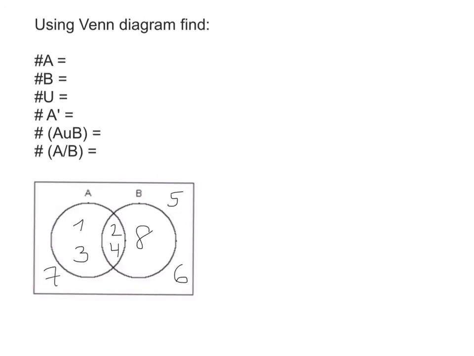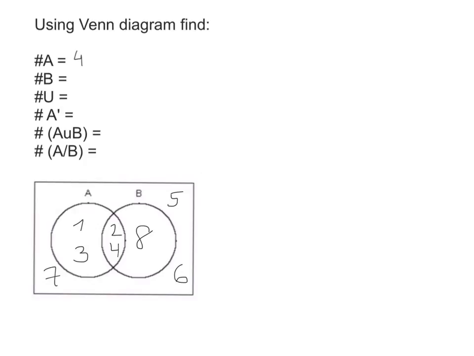In this case we need to just state how many elements are in a set. So how many elements are in set A? Looking at set A, we have 1, 2, 3, 4. Remember, this little part is also part of set A. So we have 4 elements in set A.